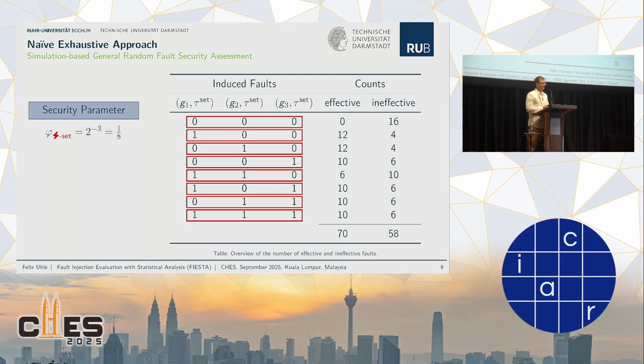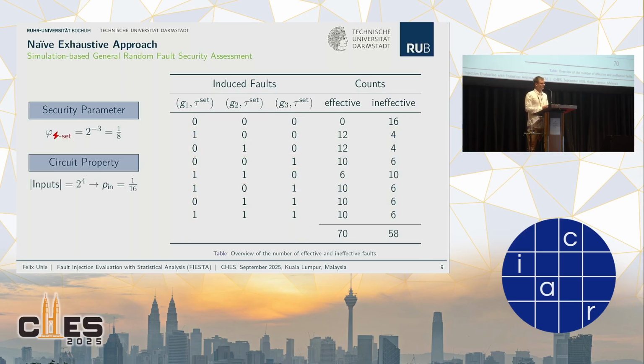And using this number of faults, we can compute the advantage of the adversary by knowing the probability with which that fault set occurs. Here, for this example, for simplicity, we assume that each fault combination occurs equally likely, so we have 1 over 8.